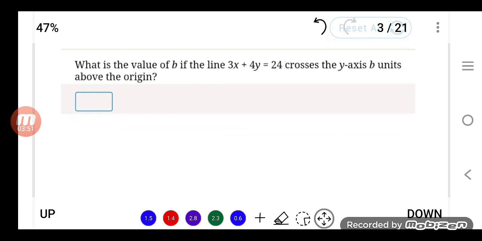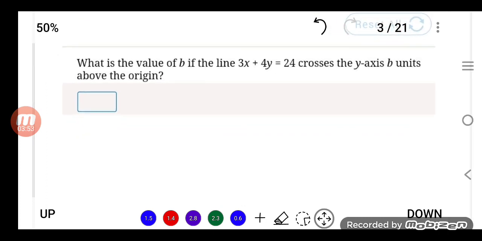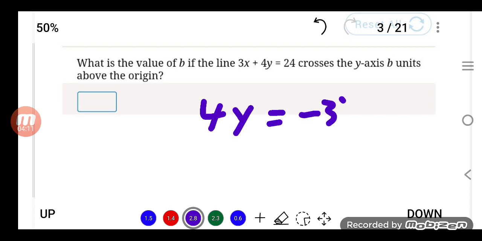Next question, what's the value of b in the equation of the line that crosses the y-axis b units above the origin? In order to find the value of b, we make y the subject of the equation. So we start this way. 4y is equal to negative 3x plus 24. Then divide by 4 on all sides.